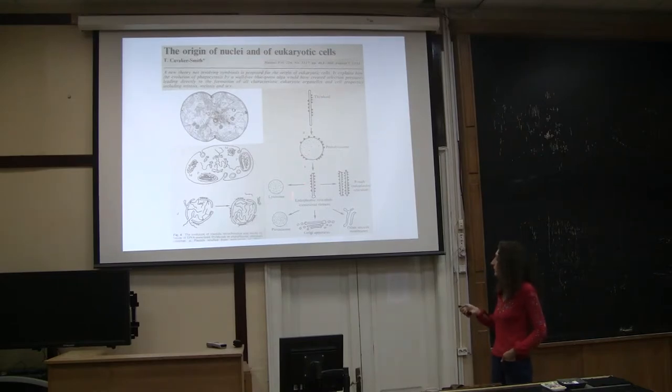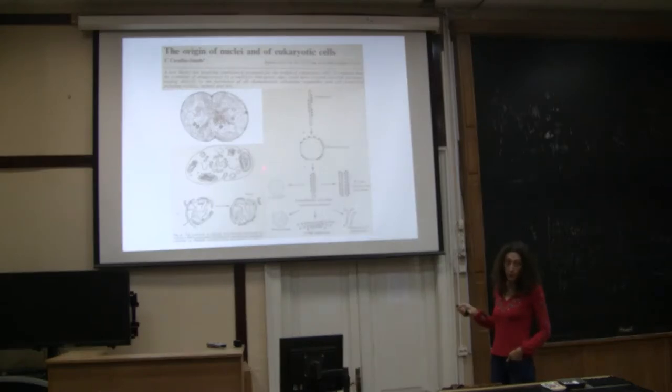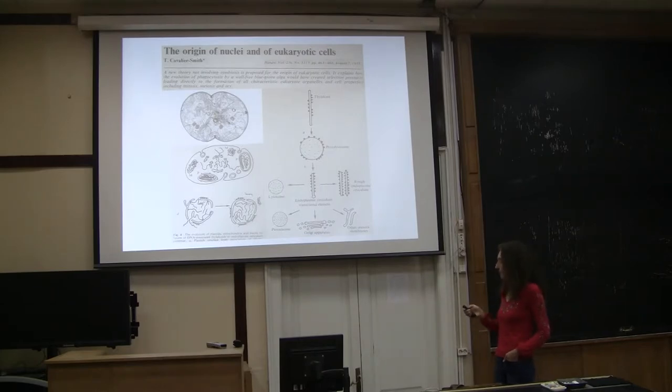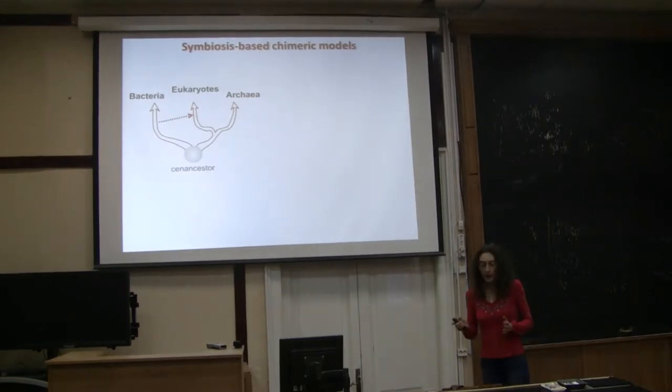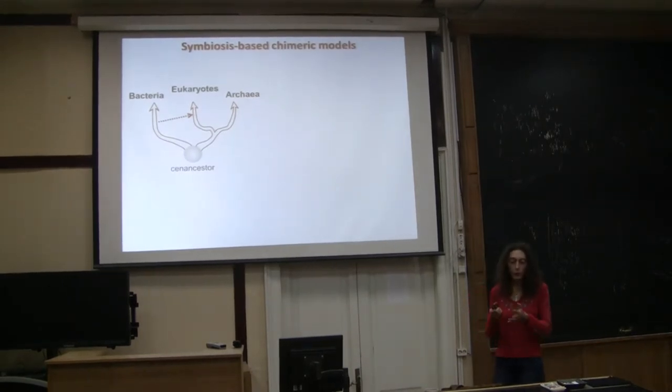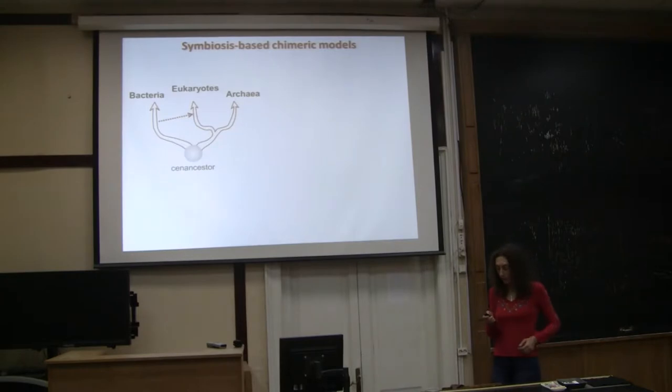So he proposed that all the kind of membrane-bound organelles within eukaryotes were derived from thylakoids from cyanobacteria. Of course, this is not what we think today, and this is not what he thinks today, but it was proposed. So those are cases of analogy and not of homology, that is of vertical inheritance. So we have seen models of an autogenous and independent origin of eukaryotic cells.